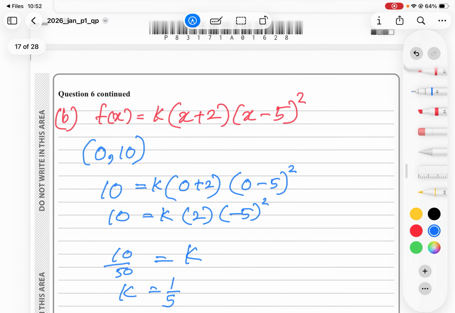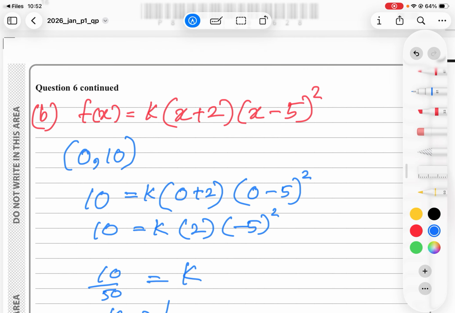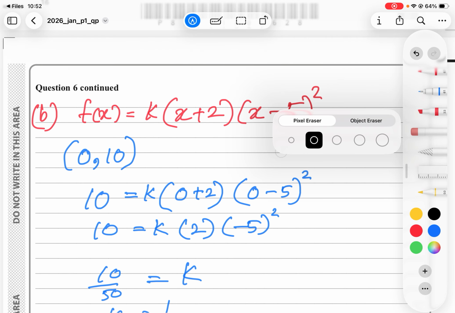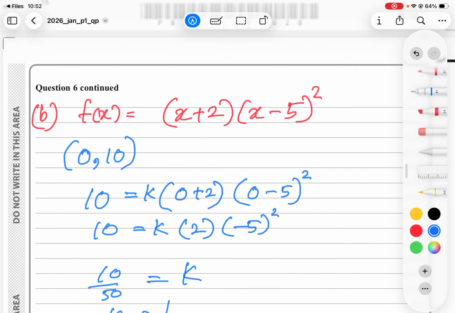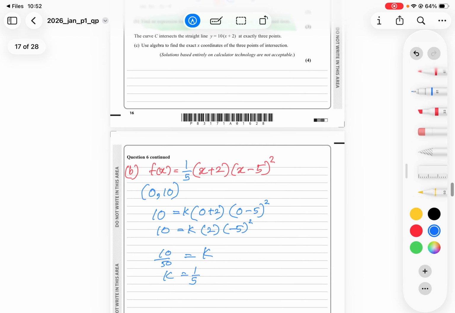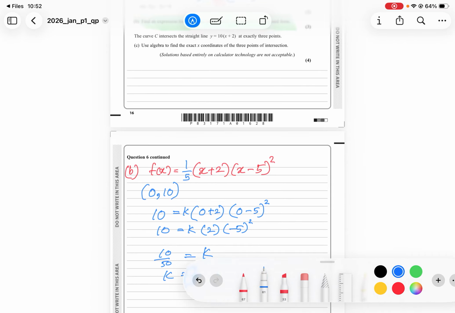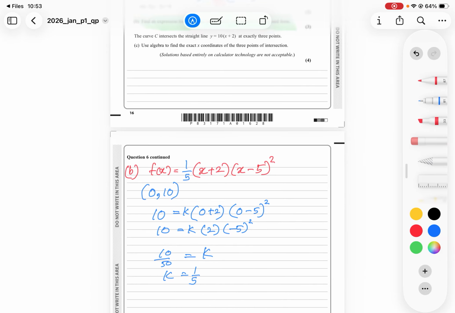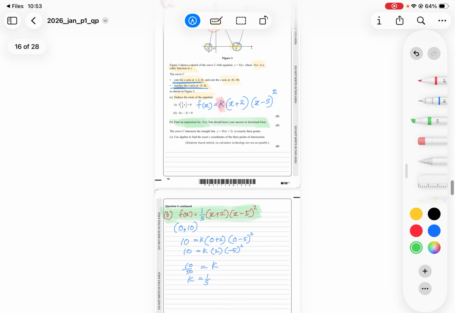If I revisit this equation, I can correct it. Now my f(x) is going to be 1 over 5. They asked us for f(x) in factorized form, so the full expression will be our final answer for part B.